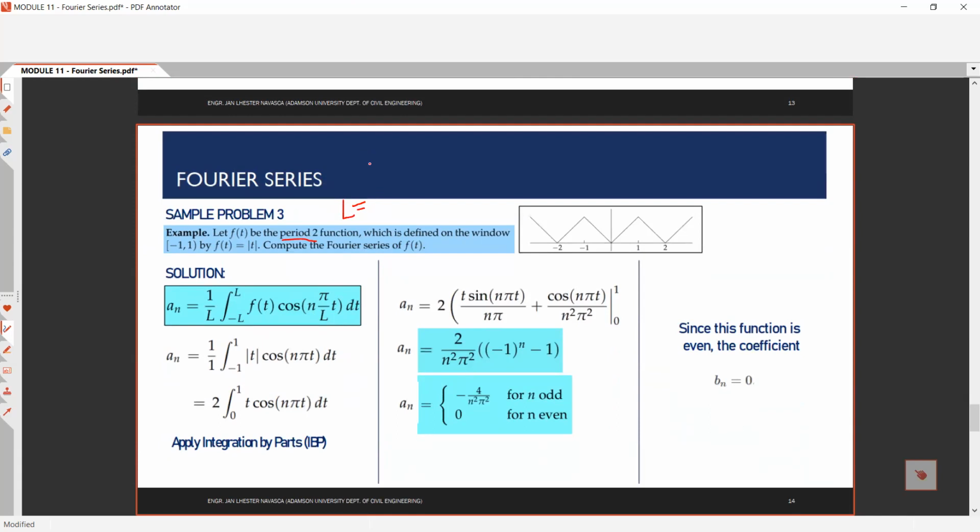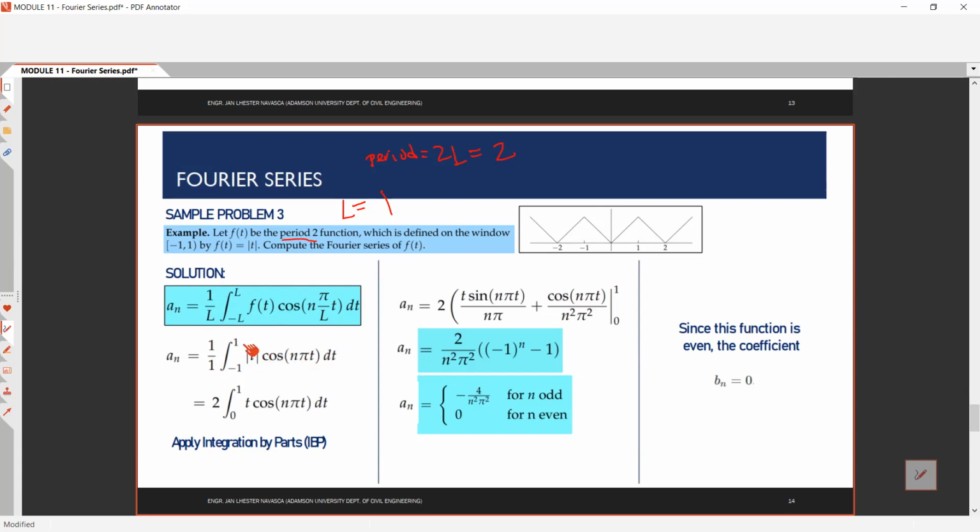Since ang period natin is equal to 2L, which is equivalent to 2, therefore your L is equal to 1. Therefore, 1 over 1 integral of negative 1 to 1. What is the function? Yung function natin is the absolute value of t, cosine of n pi t over L, which is 1, so n pi t dt.